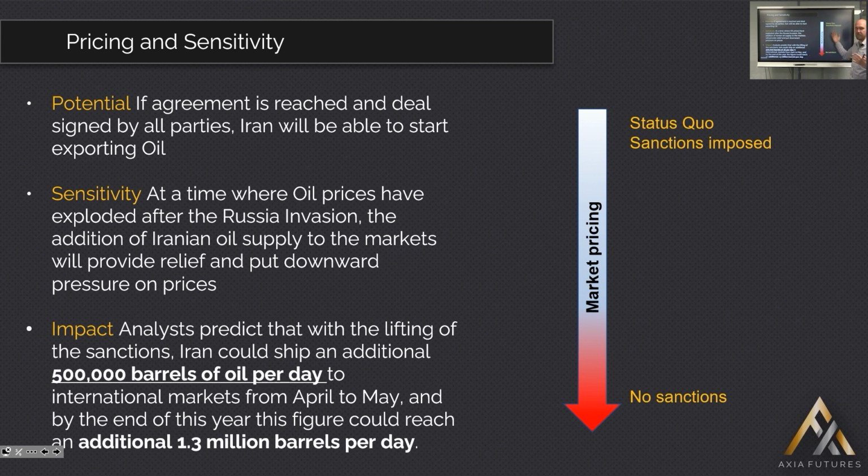You know, as the possibility of the deal comes through, theoretically oil prices should move. Status quo with sanctions imposed, this is the priced into the oil market. No sanctions, 1.3 million barrels of oil could come back online, oil price theoretically can drop. That's the potential and that's the impact if it is done. The other important thing to bear in mind, and we'll look at charts in a moment, is sensitivity.